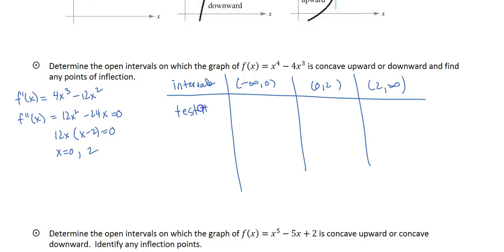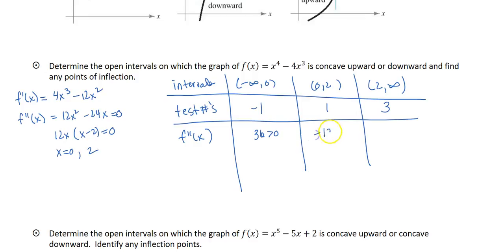So I'll pick my test numbers, pick whatever you like that's in the interval, so I'll do negative 1, 1, and 3, just because that's what I like. f double prime of x, if I plug in the negative 1 into my calculator, and again I'm plugging it into f double prime, so that's 12x squared minus 24x, I get 36, which is positive. If I plug in the 1, I get negative 12, which is negative, and if I plug in the 3, I get 36, which is positive.